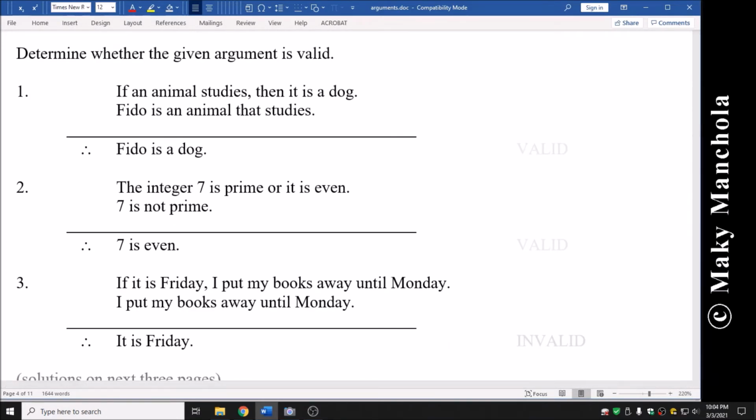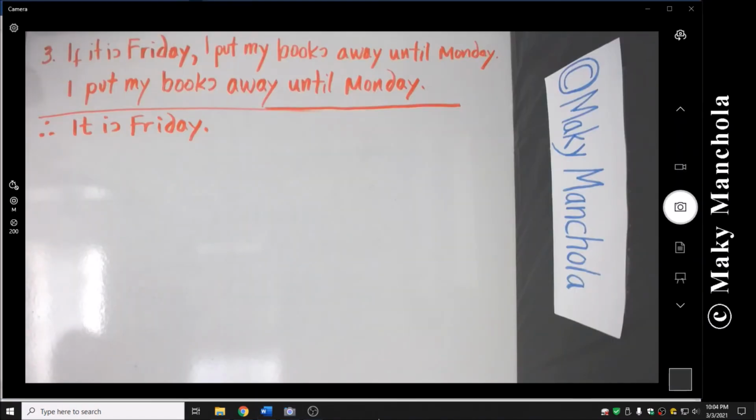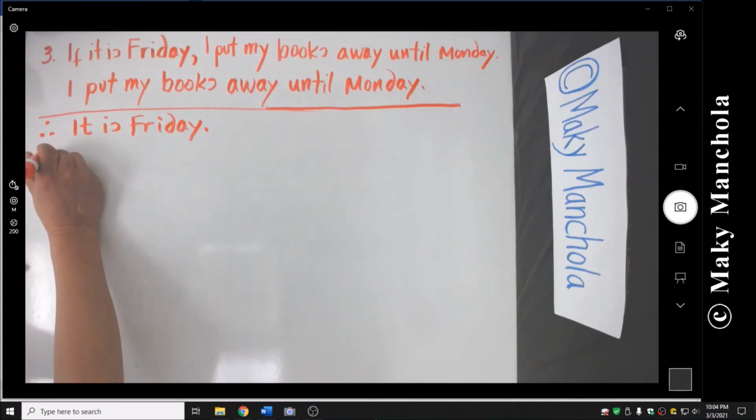Example number 3. If it is Friday, I put my books away until Monday. I put my books away until Monday. Therefore, it is Friday. So, let's convert our argument into symbolic form.